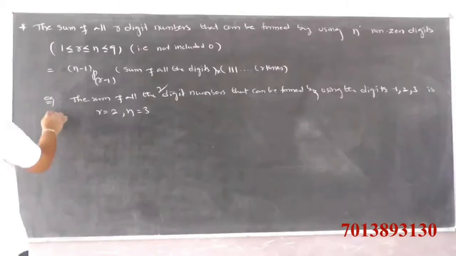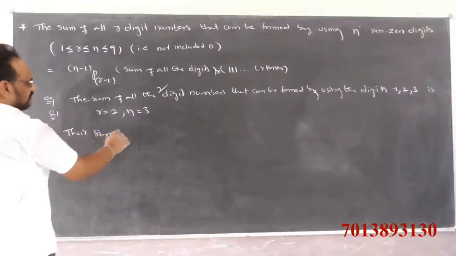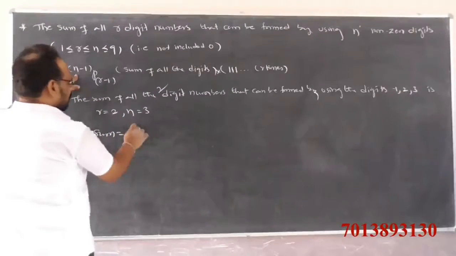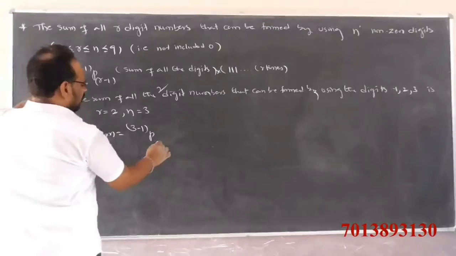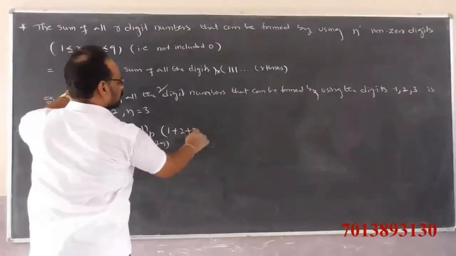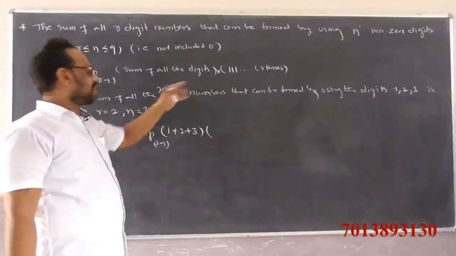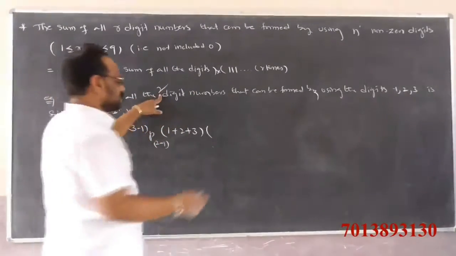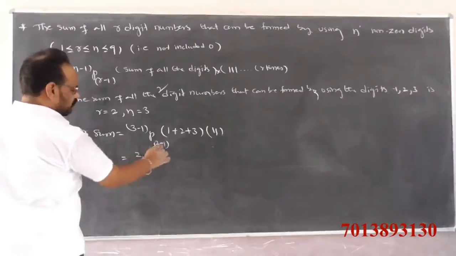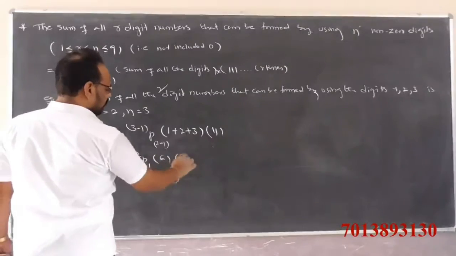So the sum is clearly (n minus 1)P(r minus 1), that means (3 minus 1)P(2 minus 1) into the sum of all the digits, 1 plus 2 plus 3, into 1 into 1 up to r times, that is 2 times. So that is 2P1 into 6 into 11.